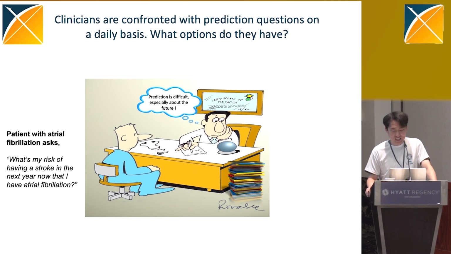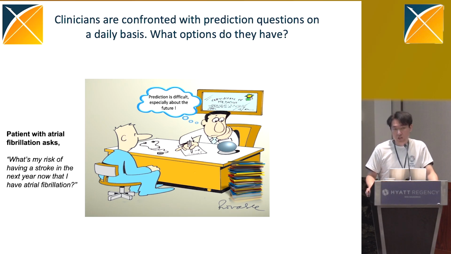Clinicians are confronted with prediction questions on a daily basis. So what options do they have? We can take this simple but powerful example: a patient with AFib, atrial fibrillation. Maybe the patient asks, what's my risk of having a stroke in the next year now that I have atrial fibrillation?